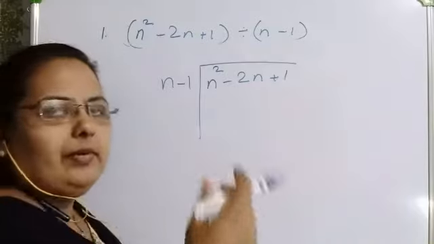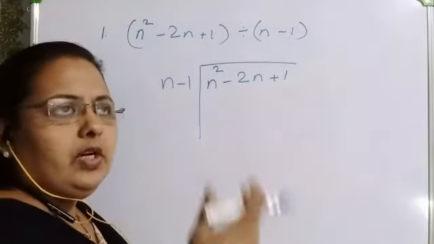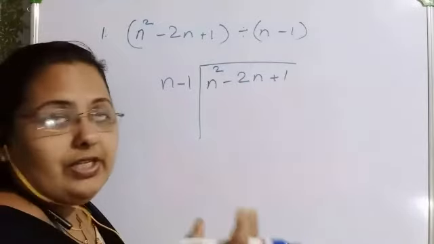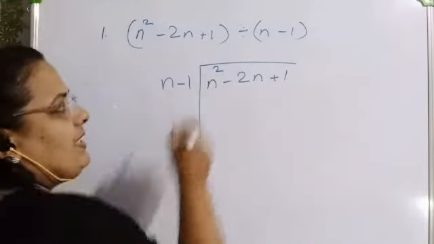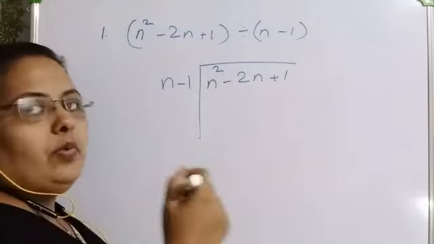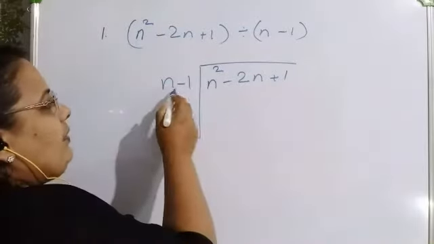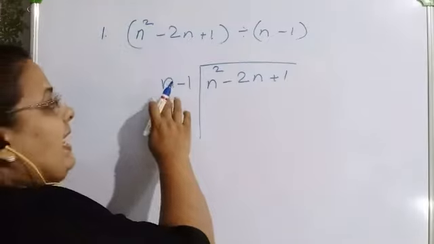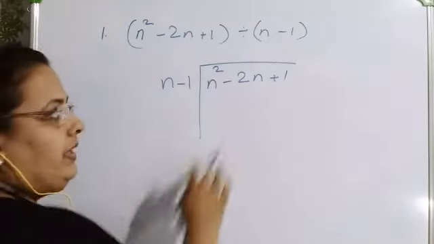Eliminate is a word which is very familiar to you, because in all the reality shows you can hear the word elimination. So we have to eliminate this n square. For that, what we can do is that you have to make the first term of this divisor as n square.